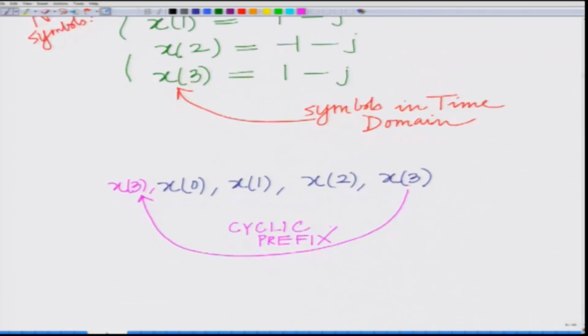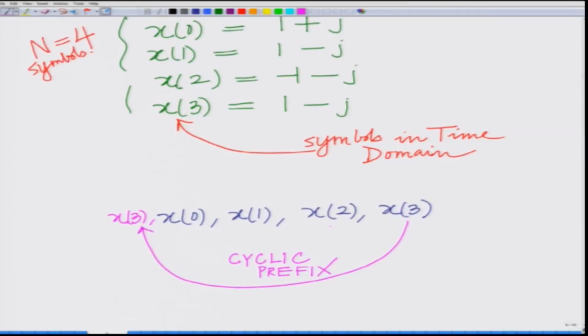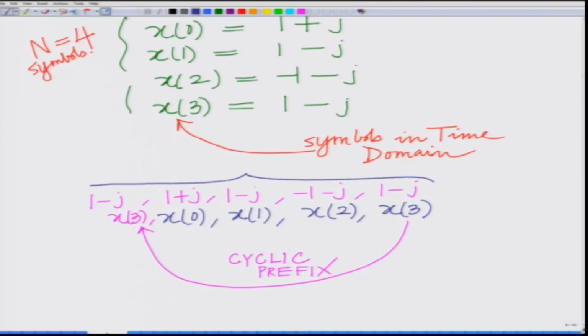Therefore, the transmitted symbols are x3 equals 1 minus j, x0 equals 1 plus j, x1 equals 1 minus j, x2 equals minus 1 minus j, and x3 again equal to 1 minus j.